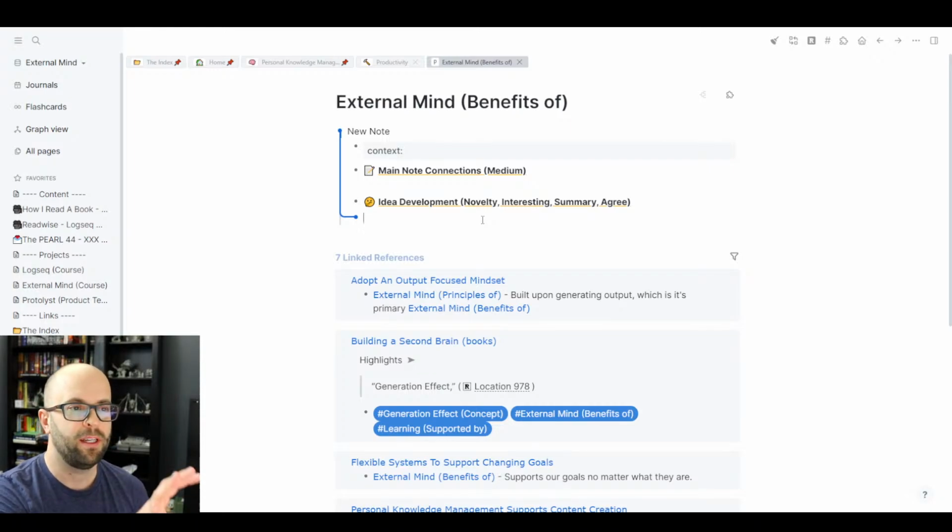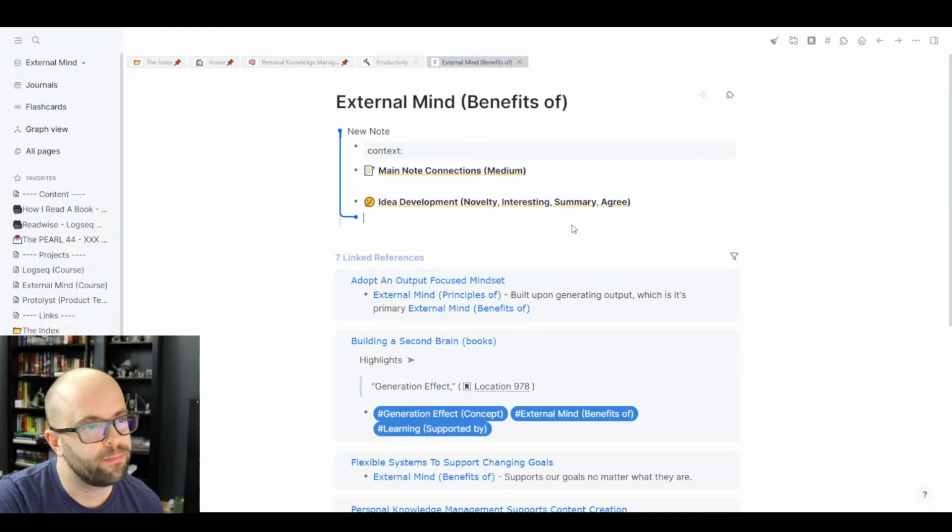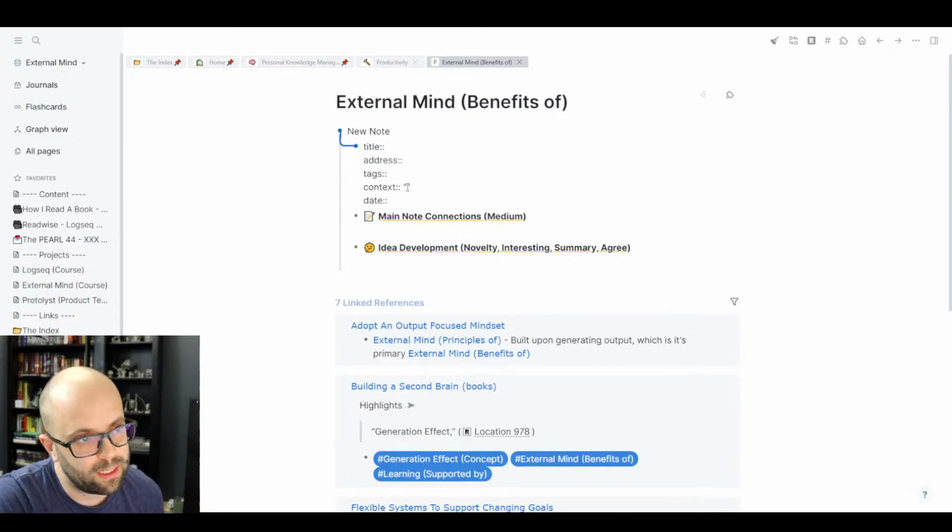So it's development digitally, as well as managing links and connections, and then confirming that I know what it is in the analog session.